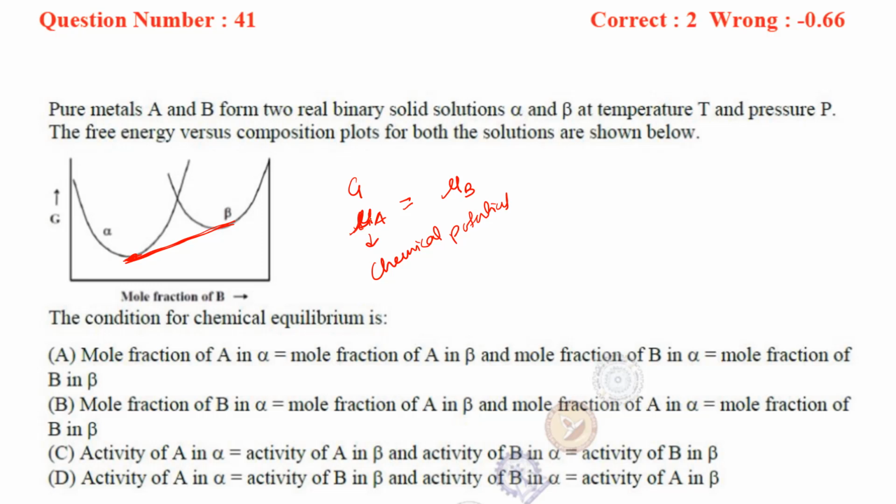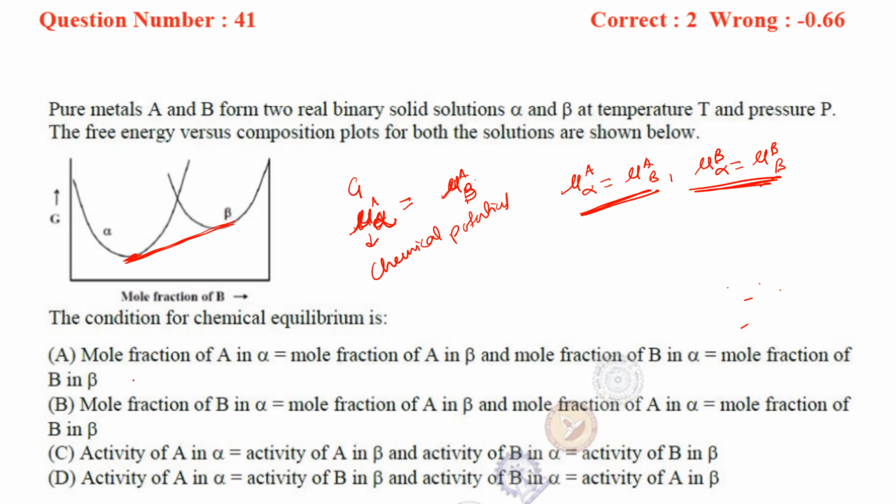So the chemical potential of A in alpha phase should be equal to that in beta phase, and also the chemical potential of B in alpha should be equal to the chemical potential of B in beta. This is the condition for chemical equilibrium.